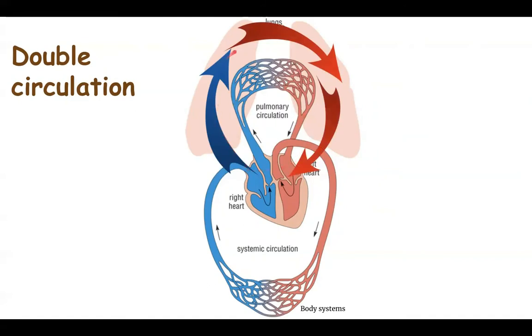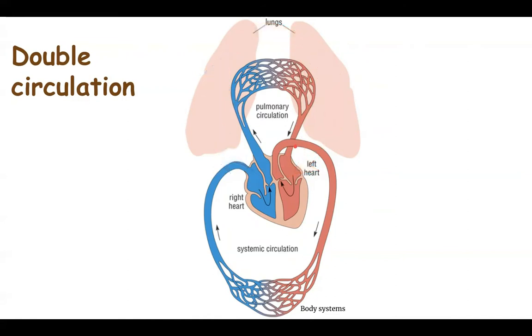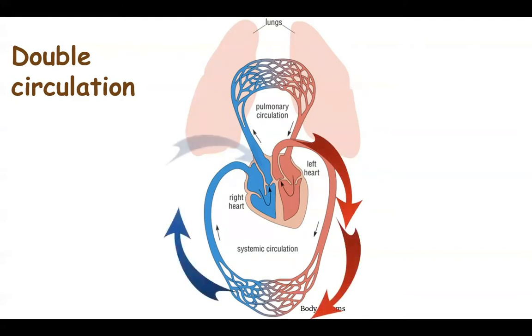So the blood is leaving the heart once and coming back again. Now this blood goes from the left ventricle to the entire body systems and comes back again to the right auricle. So your blood leaves the heart twice, comes back to the heart twice. Therefore, this kind of circulation is called double circulation.